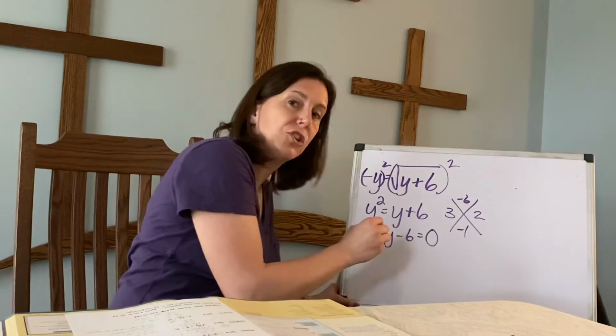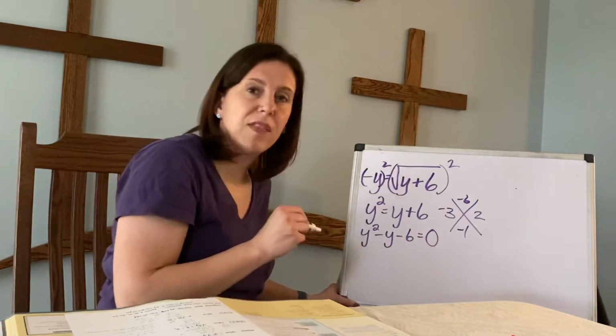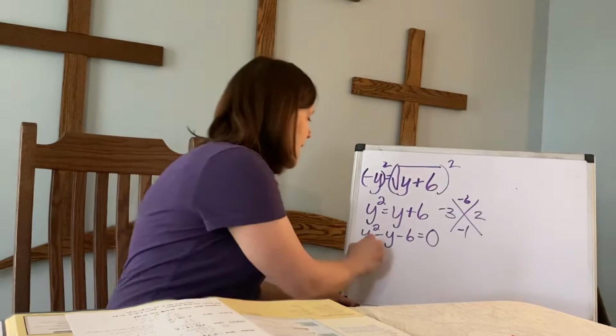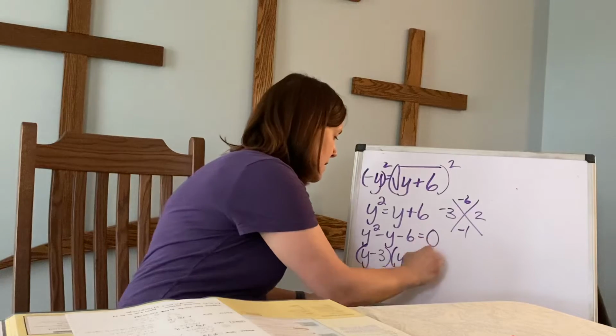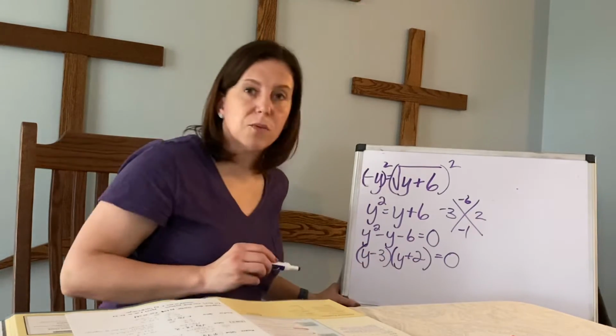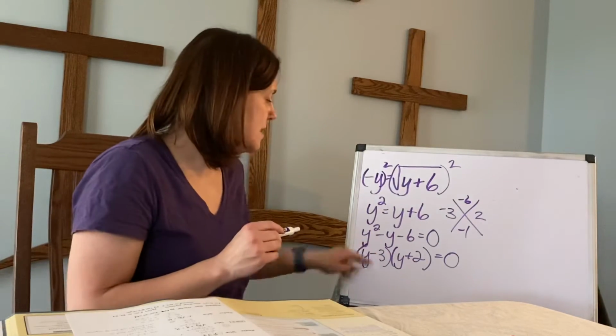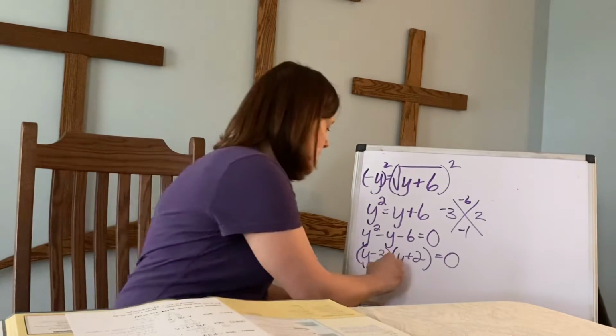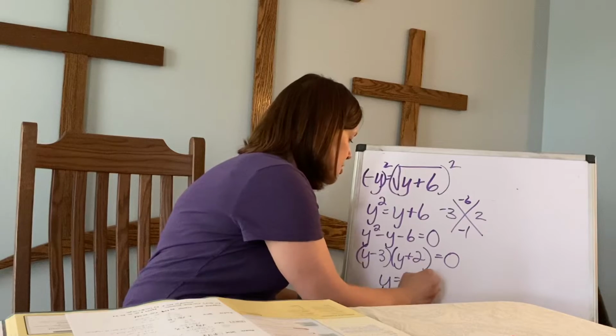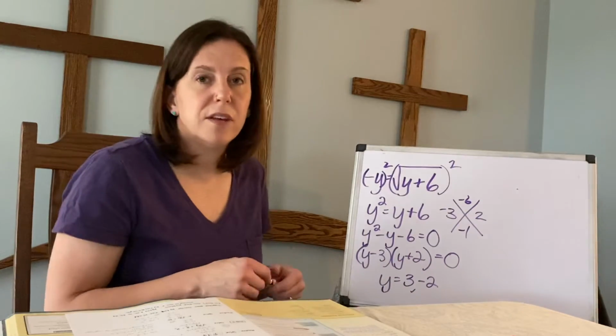So I know it's 3 and 2, but that 3 needs to be negative. That means when I factor this, I have this set equal to 0. So I set this equal to 0 and solve that mini equation, and this equal to 0. So my possible solutions for this problem are 3 and -2.